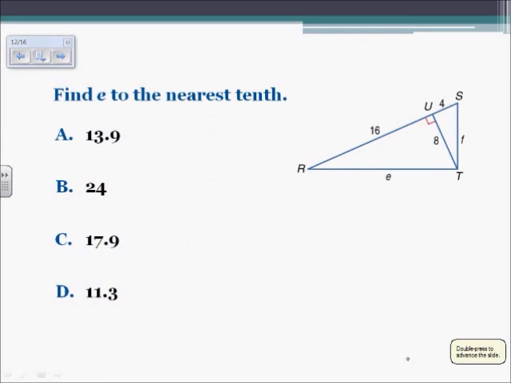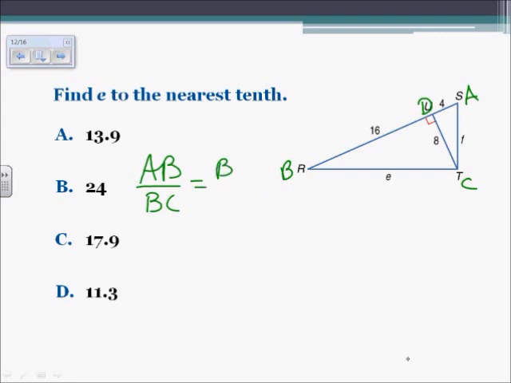Alright, next problem here says find E to the nearest tenth. So we'll relabel our figure. We'll have A, B, C, and D. We're looking for side BC, so therefore we'll use a proportion with BC, and our proportion will be AB over BC is equal to BC over BD.